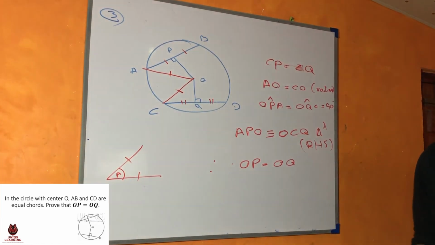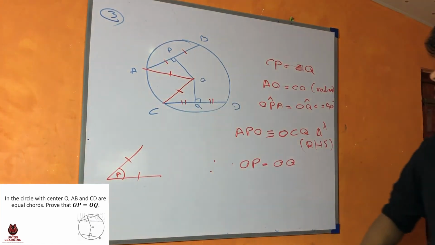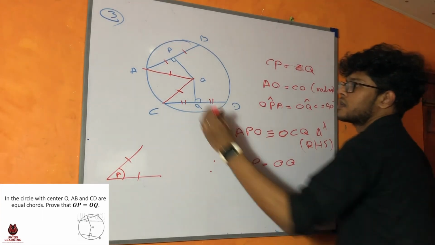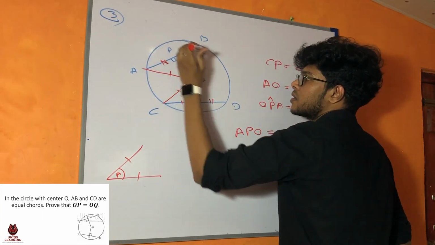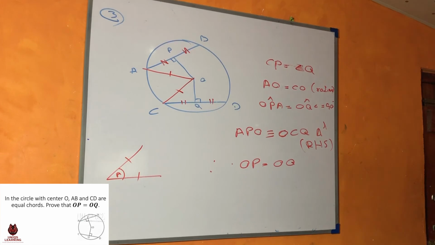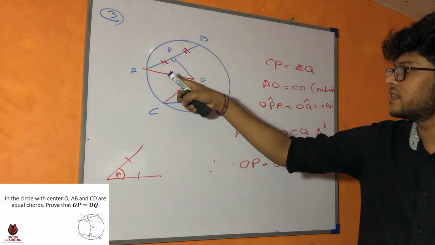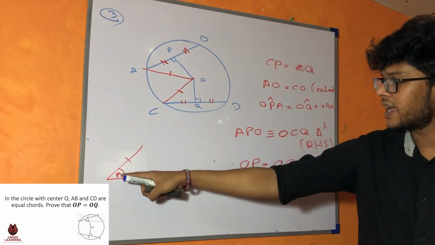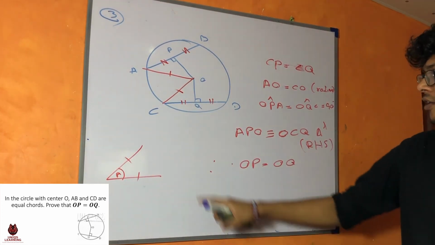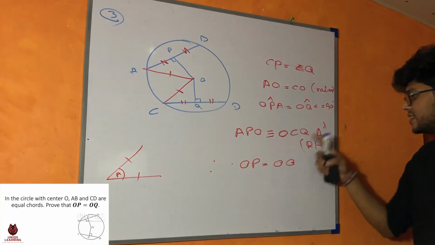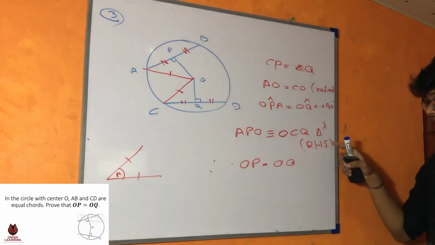But in this case it is different. This angle is equal to this angle, but the angle is not in between the two sides. So you cannot use SAS. You have to use RHS, the right angle, hypotenuse, side case.